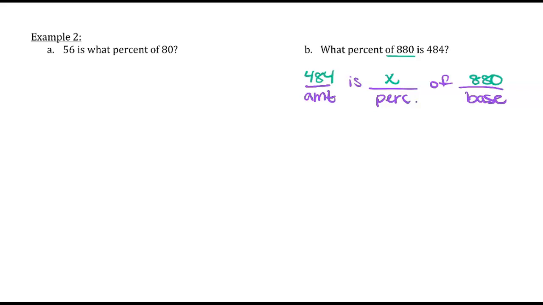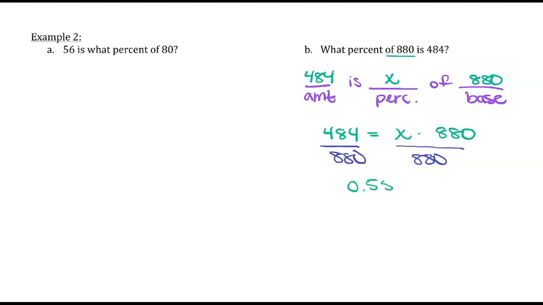Putting that into our equation of amount equal to percent times base, we have 484 as our amount equal to our unknown percentage times our base 880. Dividing both sides by 880, we find that x is equal to 0.55.